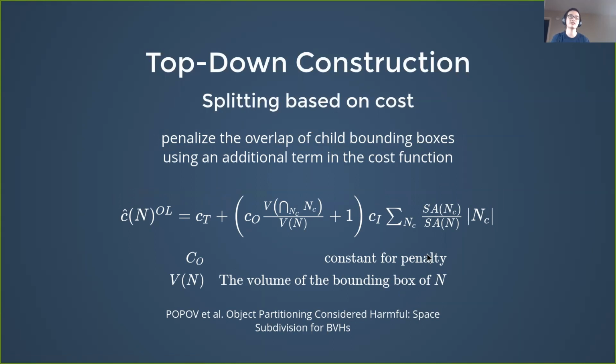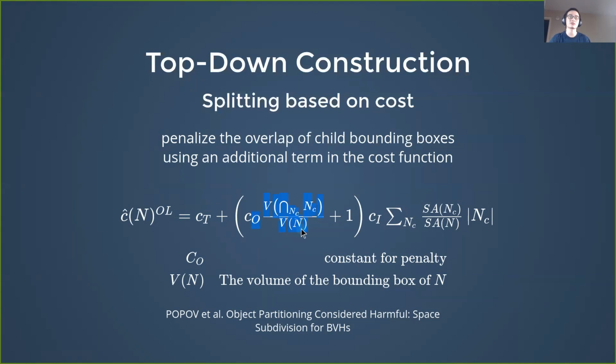But this approach can be a bit problematic because we can have large children and small children with bounding boxes of very different sizes. So there's a refinement of the previous approach by penalizing the overlapping of child bounding boxes using an additional term in the cost function.